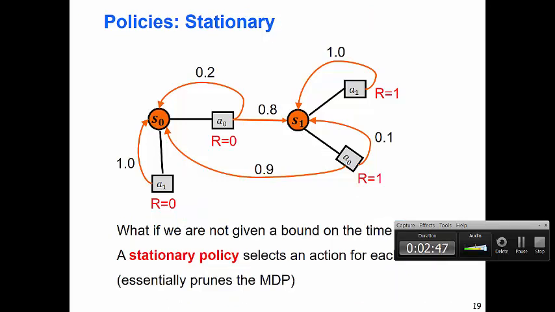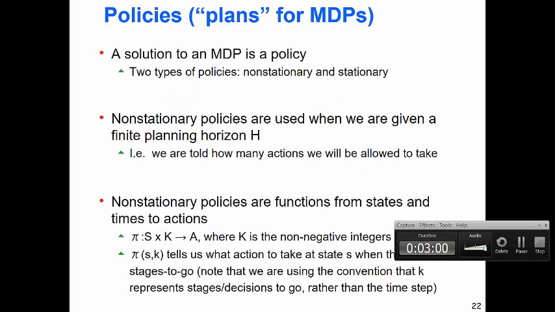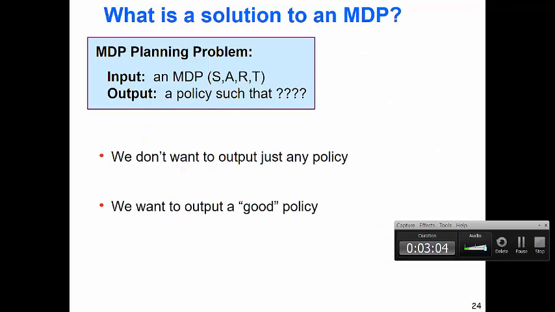A stationary policy is just a policy that does not depend on the time to live. It just depends on the state, and we'll see where this comes into play later on. So basically, we're looking for policies as a solution to an MDP. But what kind of policy? There are all kinds of policies.